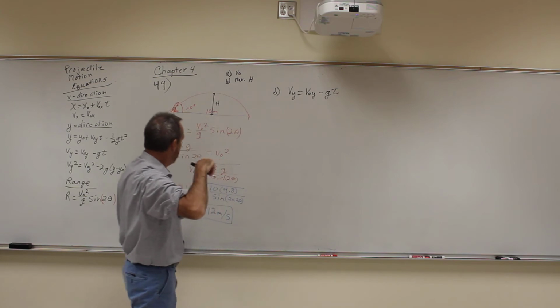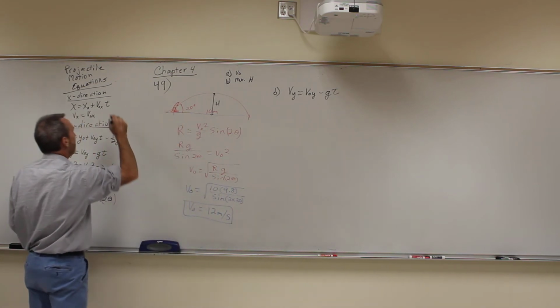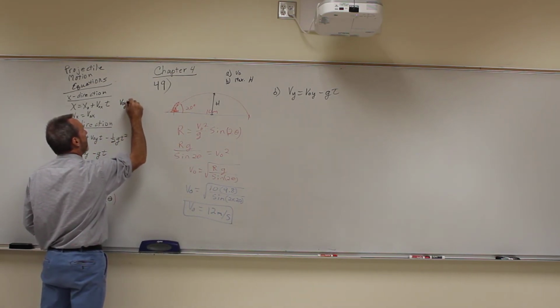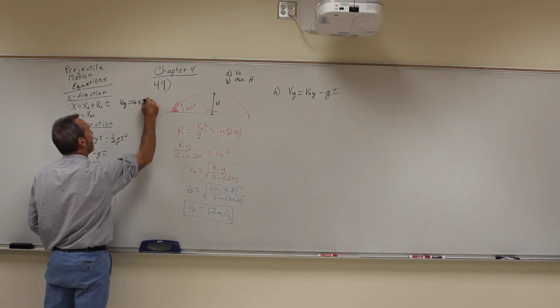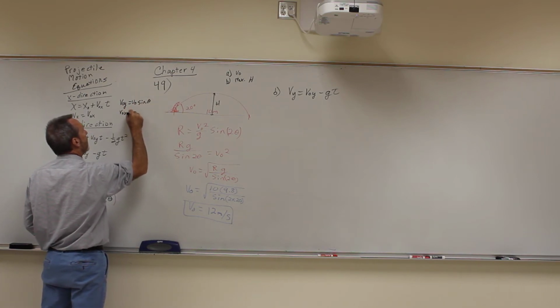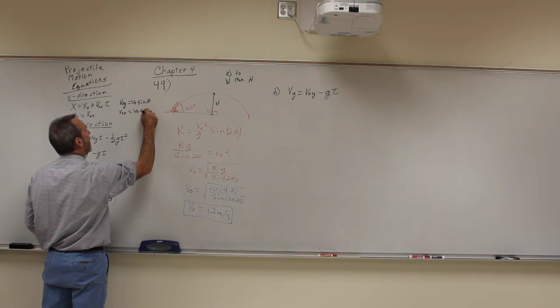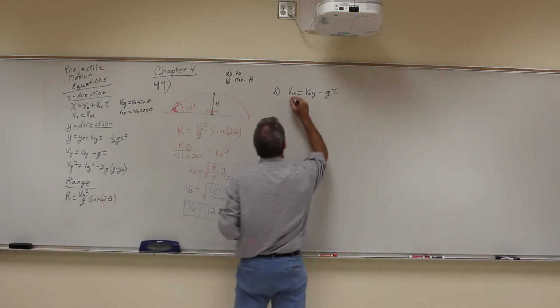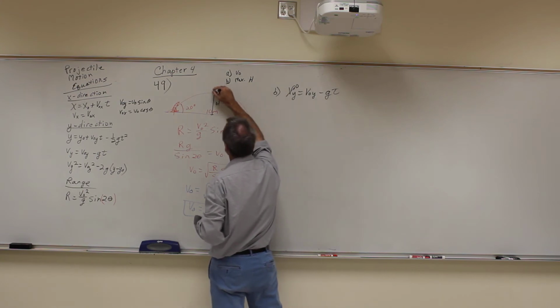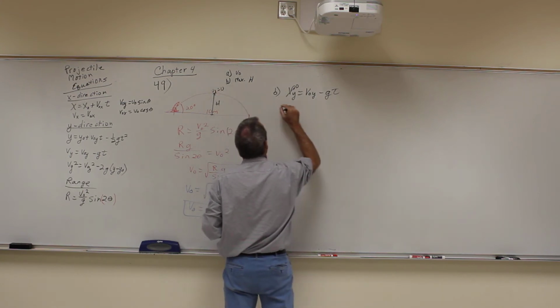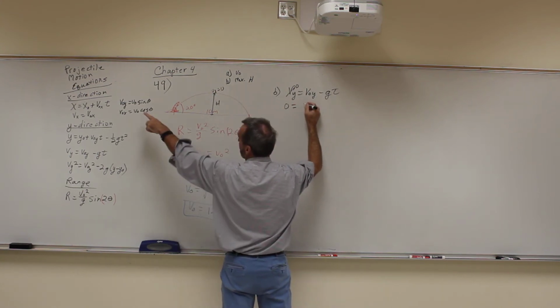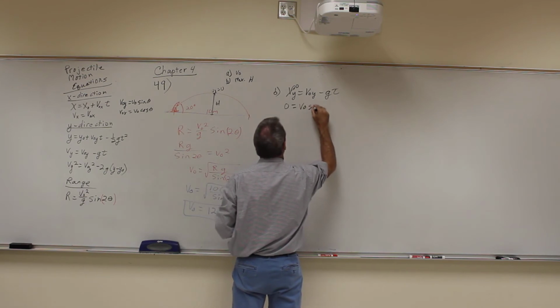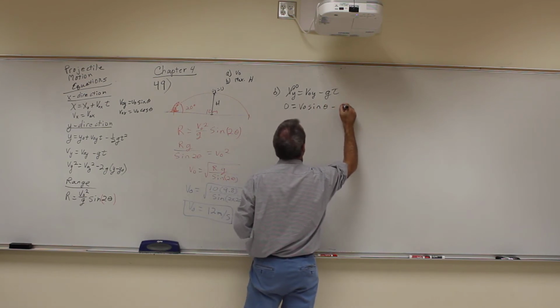We now know what V0 is, and remember, V0y is equal to V0 times the sine of the launch angle, and V0x is V0 times the cosine. So I'm going to plug that in for V0y. This is going to be 0 at the top here. Remember, Vy is equal to 0 here. So this is going to be 0 is equal to V naught sine of theta minus gt.